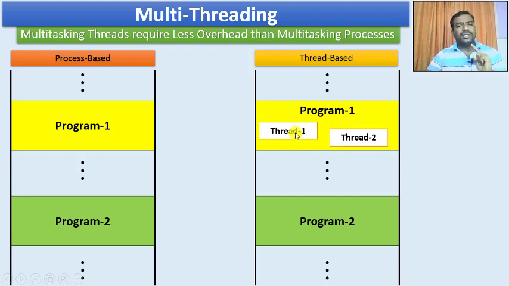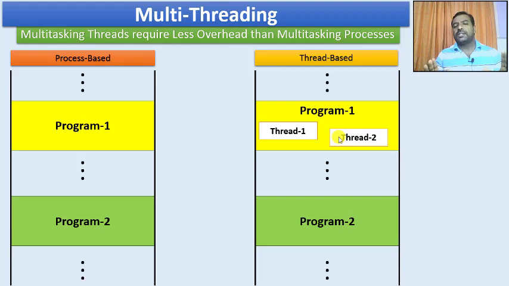This is going to have less overhead because of the reason that we have two different threads executing concurrently, and each thread is not going to have its own address space. Remember this. Each thread will not have its own address space.